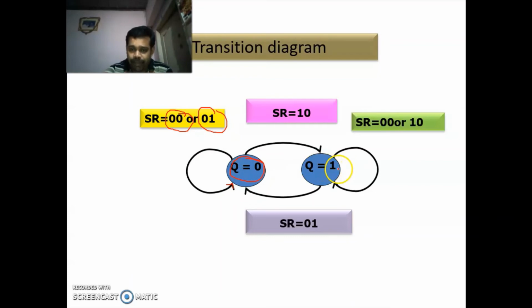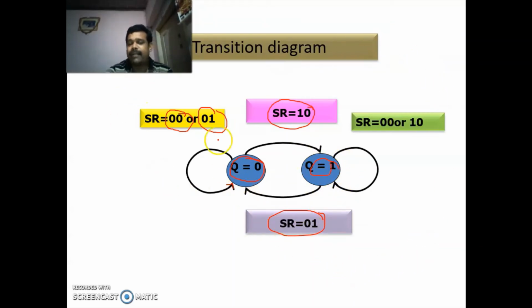Similarly, when Q is 1 and S R is 0 0 and 1 0, it will be in state 1. Similarly, when S is equal to 1, R is equal to 0 and Q is equal to 0, it will be going to the state Q is equal to 1. Similarly, when S is equal to 0 and R is equal to 1, and it is in state 1, it will be going to state 0.